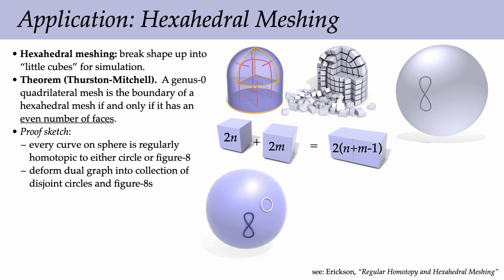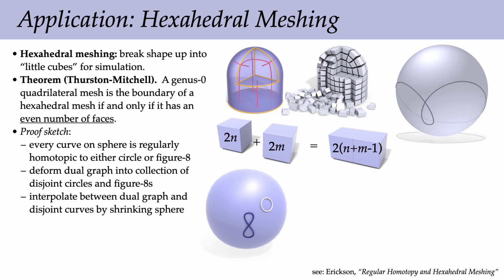This dual network of curves is always the same, in some sense, as these little 8s and circles. Then, to prove that I can hex mesh this boundary, what I'm going to do is find a regular homotopy between my original curve network, the one that I traced through the quads, and this canonical one where I have little 8s and little circles.